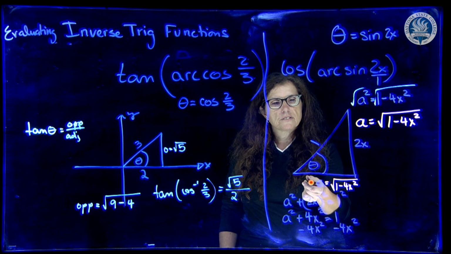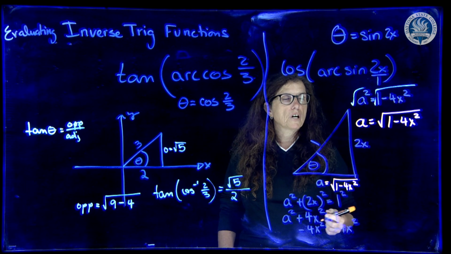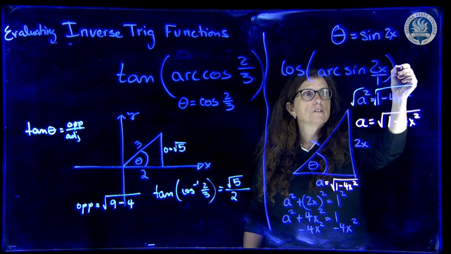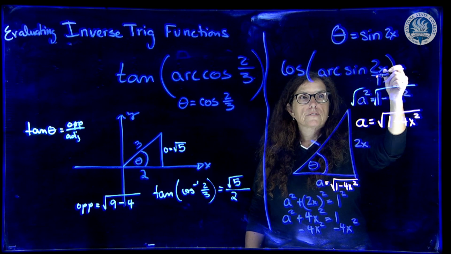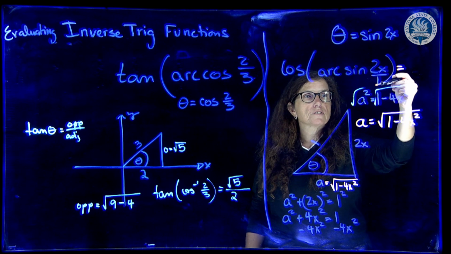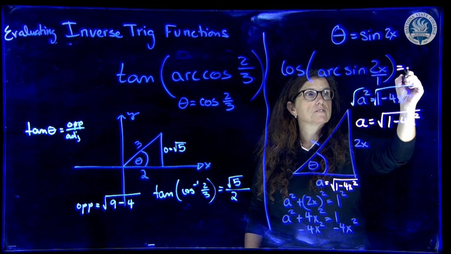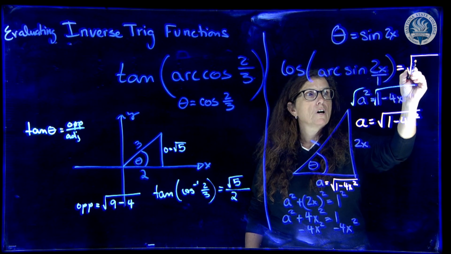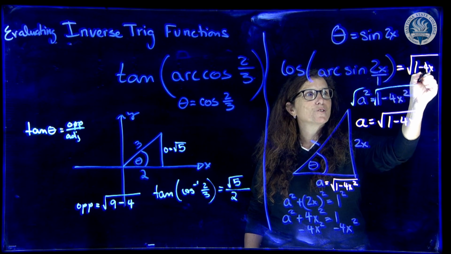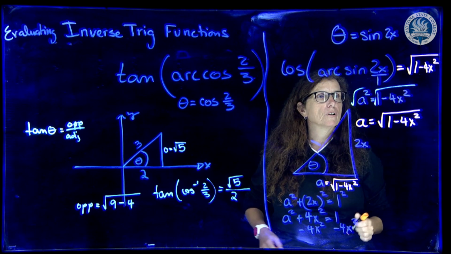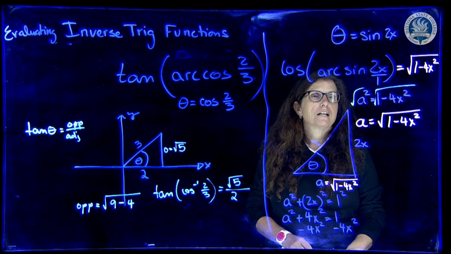The cosine is the adjacent over the hypotenuse, which would be over 1. So the cosine of the inverse sine of 2x is equal to the square root of 1 minus 4x squared all over 1. I do not have to write that.